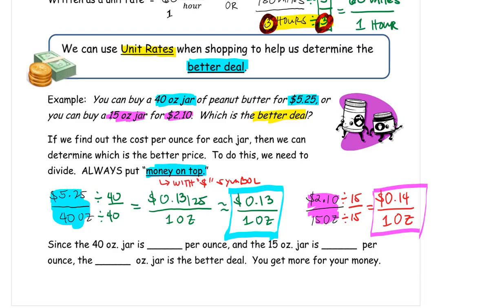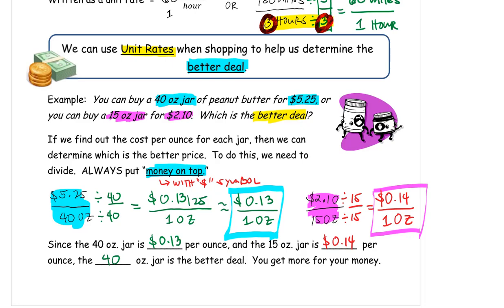Since the 40 ounces jar is 0.13 per ounce, and the 15 ounces jar is 0.14 per ounce, the 40 ounces jar is the better deal.